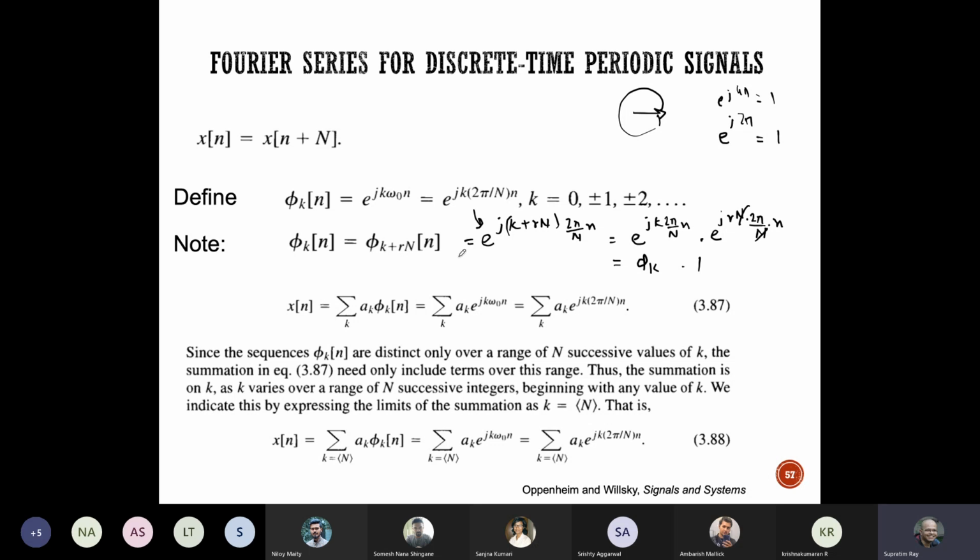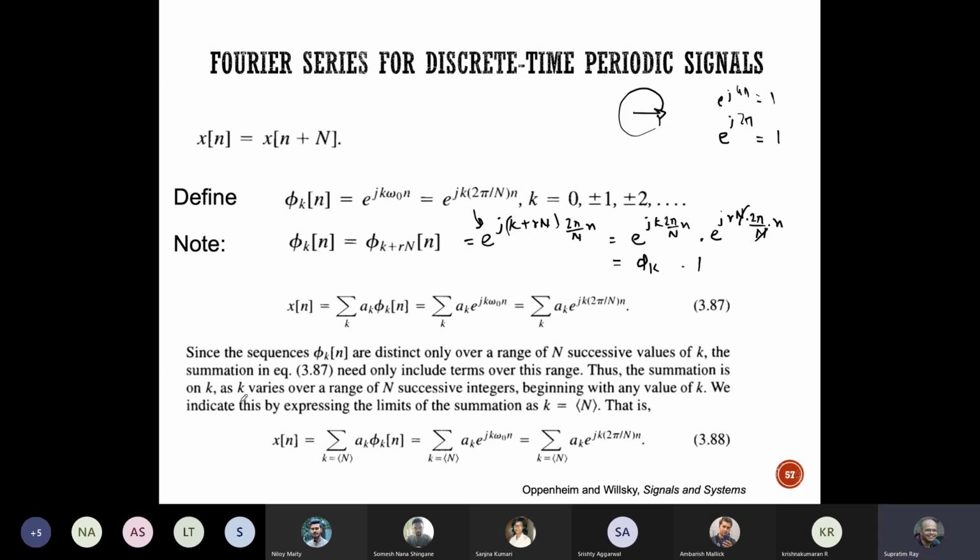So in the frequency axis, the signal is going to be periodic again, so I only need one period in the frequency domain as well. Since the sequences phi_k(n) are distinct only over a range of N successive values of k, the summation in 3.87 need only include terms over this range.